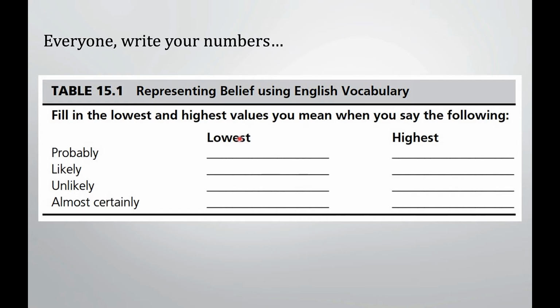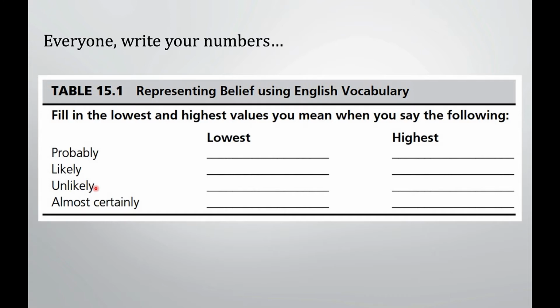Here I have 4 examples of those words. You might have used the word probably in your everyday life to describe an event, or likely, or unlikely, or almost certainly. These are just 4 examples that we drew from our everyday language that we use to express beliefs.